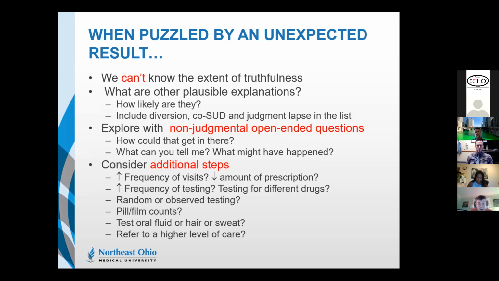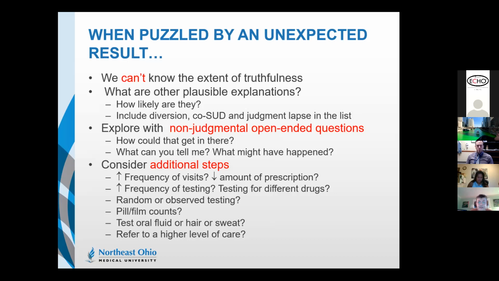Thinking, how could that substance have gotten in there? Asking the patient, what can you tell me about that? What might have happened, especially if they seem genuinely surprised to see that positive test. And then we'll go on to consider additional steps that might be helpful for that patient's accountability.